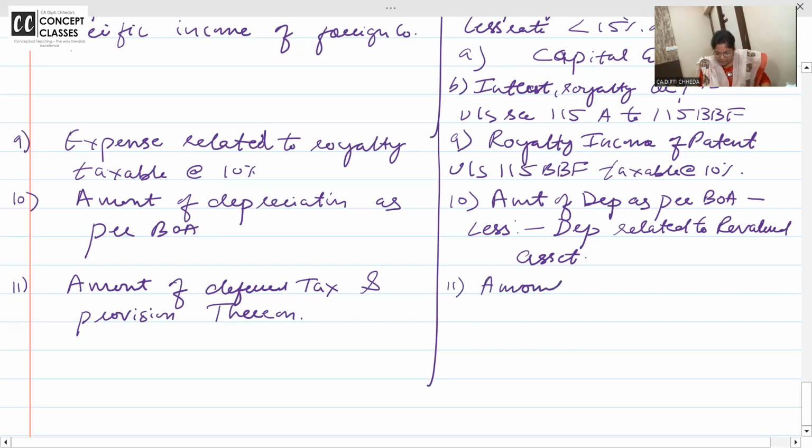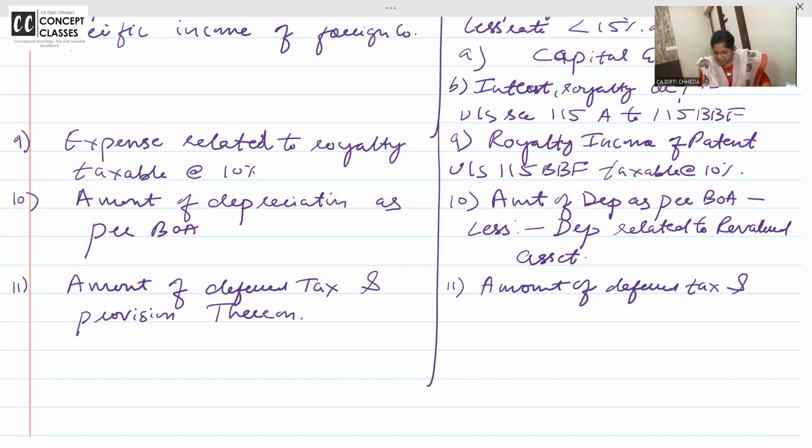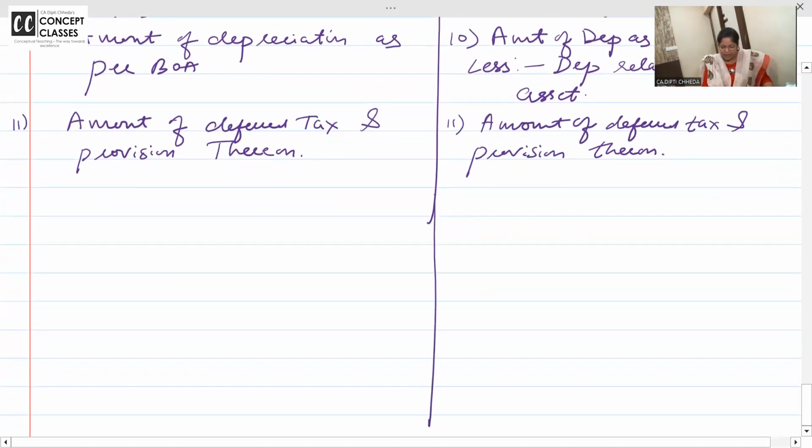Next is amount of deferred tax and provision thereon. If you have credited anything, then less. Deferred tax is AS22, for those who remember.